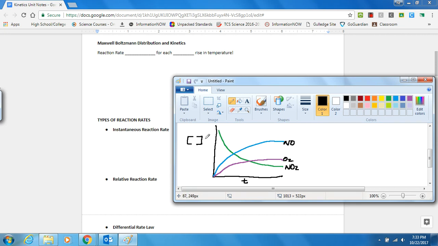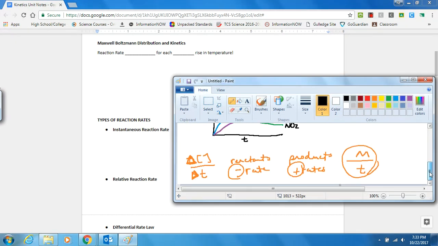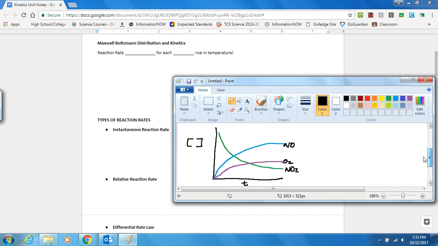If I look at concentration over time, and I know that a concentration is decreasing, that's going back to what we were saying down here. Reactants decrease their concentration over time. So NO2 right here is my reactant. I can write a reaction based upon this graph. NO2 is my sole reactant here.